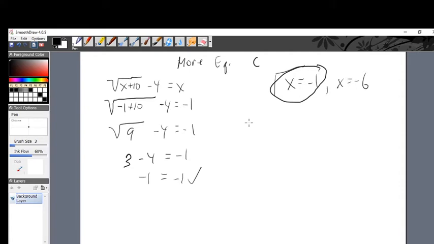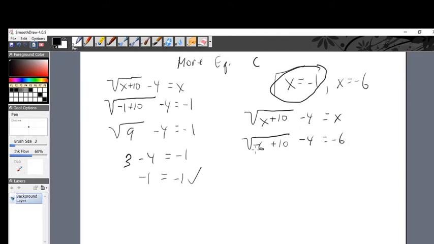Okay, let's check the other solution. Go back to the original equation: the square root of x plus 10, minus 4 equals x. Let's replace both with -6. So this becomes the square root of -6 plus 10, minus 4 equals -6.